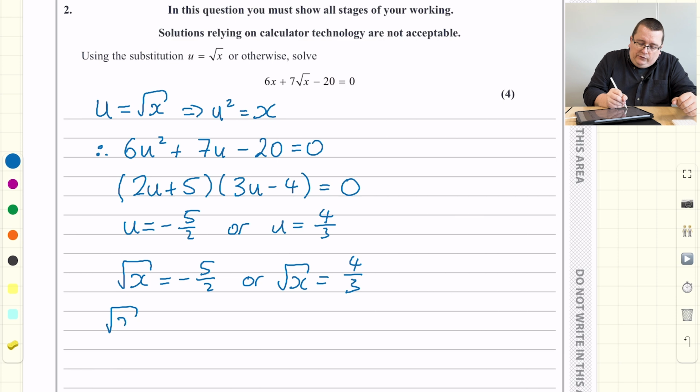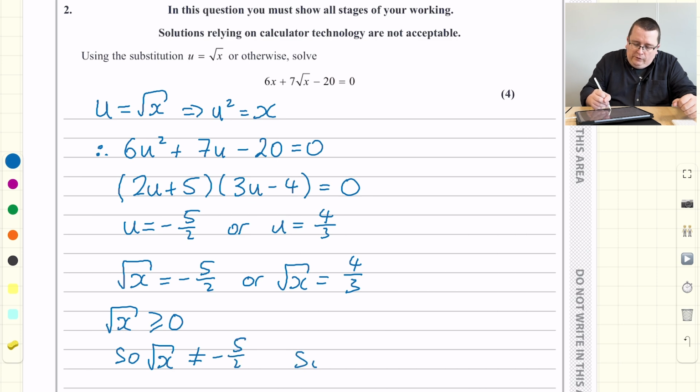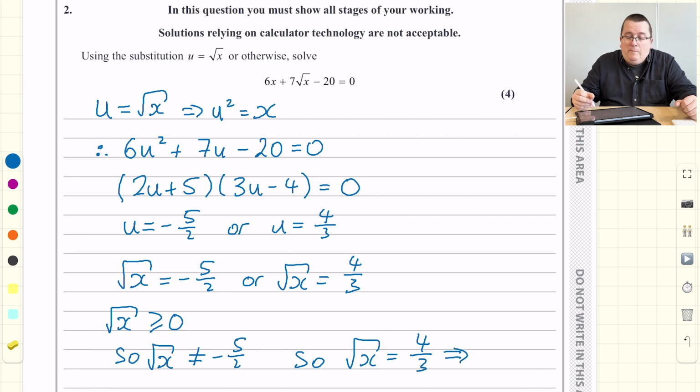So root x is always going to be greater than or equal to 0. So root x cannot be equal to minus 5/2. So root x must be equal to 4/3. And then if we square both sides, that means that x must be 16/9. And that is the solution to the equation.